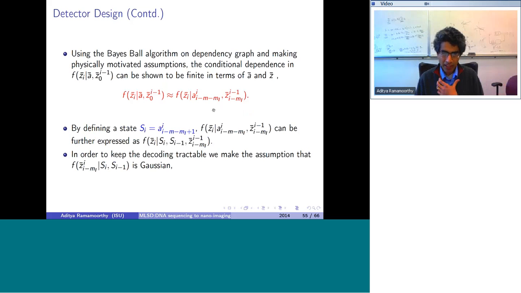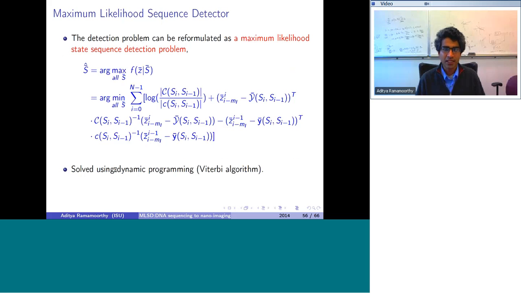If you make further assumptions on Gaussianity, which is to say that this vector of sufficient statistics given the state transition is Gaussian, then we can reformulate this entire problem as an instance of the Viterbi algorithm with Markov modeling.